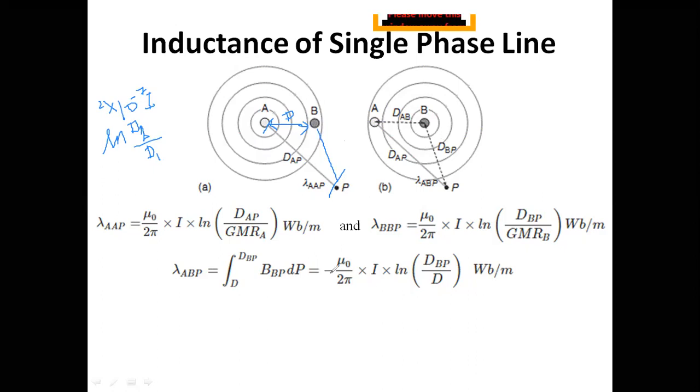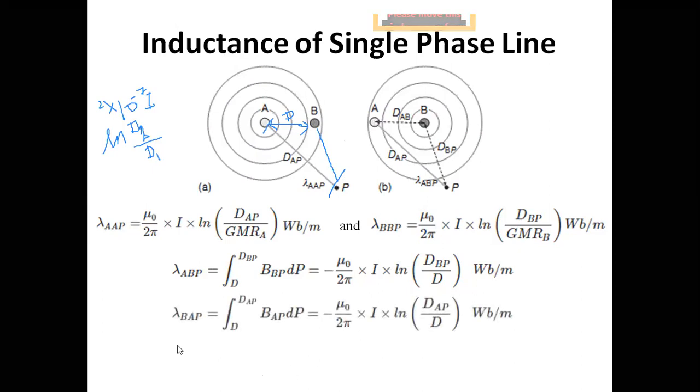So finally the expression is minus mu naught I ln DBP divided by D. Similarly, for the B conductor, lambda BAP becomes minus mu naught divided by 2 pi into I ln DAP divided by D.